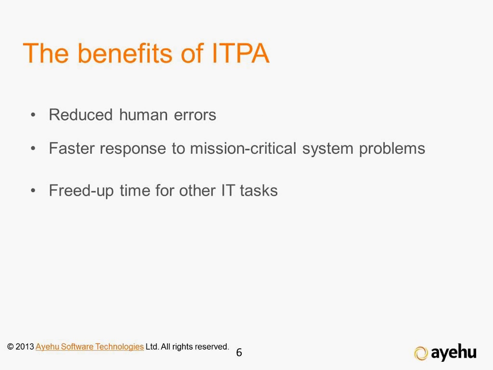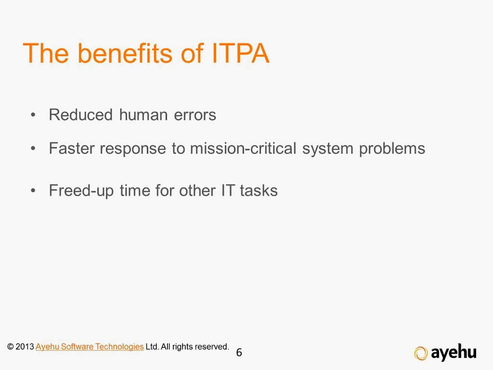That leads us to the benefits of IT process automation, and there are many. They basically boil down to three. First, a significant reduction in human errors. When something is automated, it runs the same way every time. So if you've got a standard operating procedure that you want followed in resolving issues, automation ensures that procedure is run precisely the same way every time. Sometimes human error prevents that level of consistency.